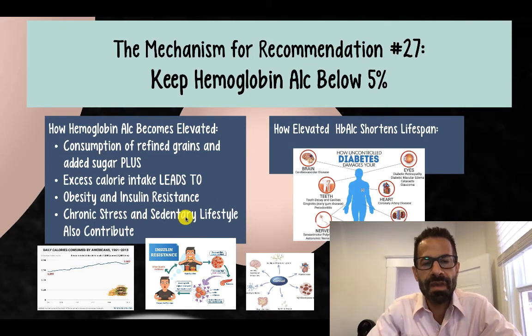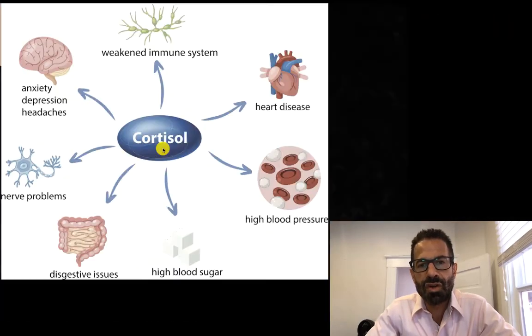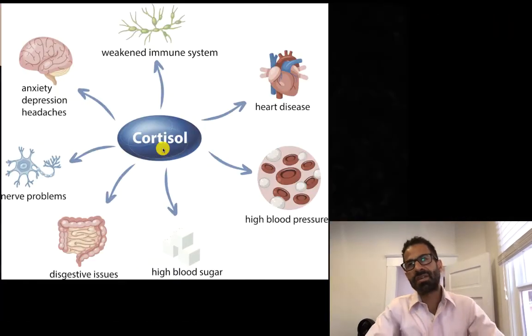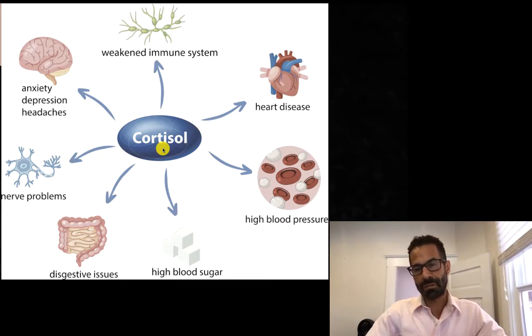To compound things, chronic stress and a sedentary lifestyle also contribute. What chronic stress does, and I'm not just talking about stress that people have with work, I'm talking about anxiety, which you can learn more about in the anxiety recommendation health score. I'm also talking about sleep deprivation.